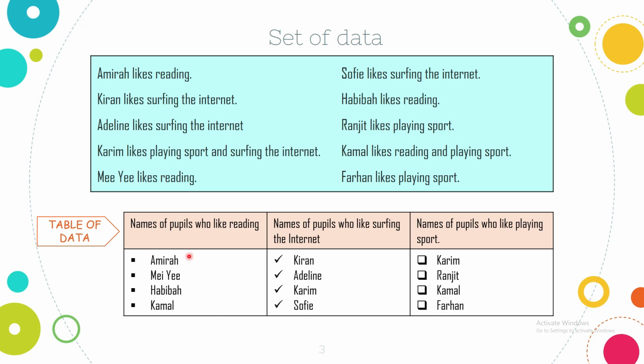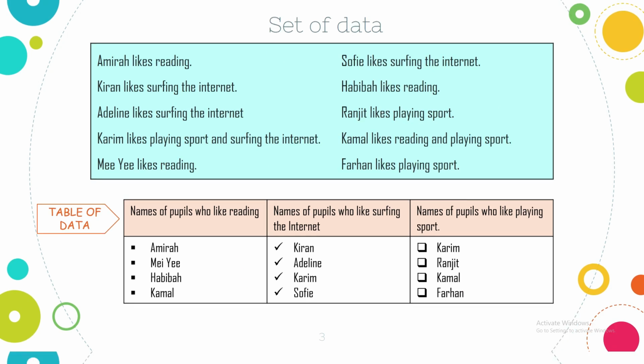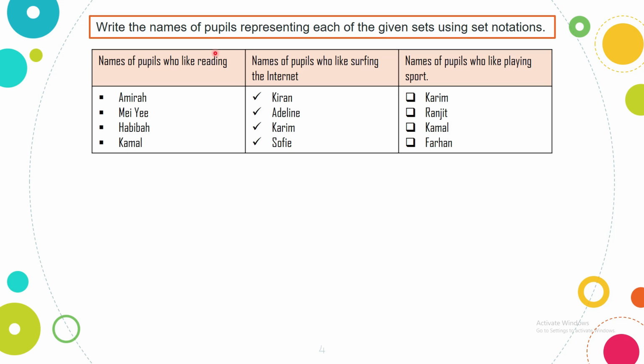Under each of these labels is the list of the names of the pupils from this set of data. And then after we convert it into the table, we write the names of pupils representing each of the given sets using set notation.